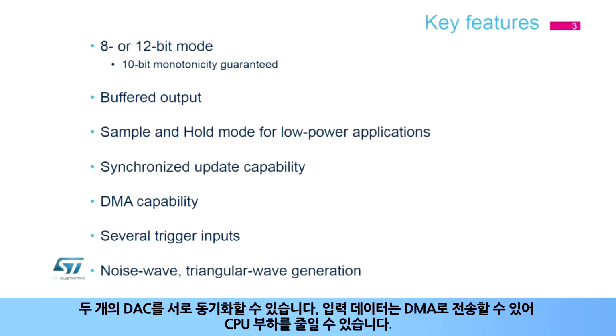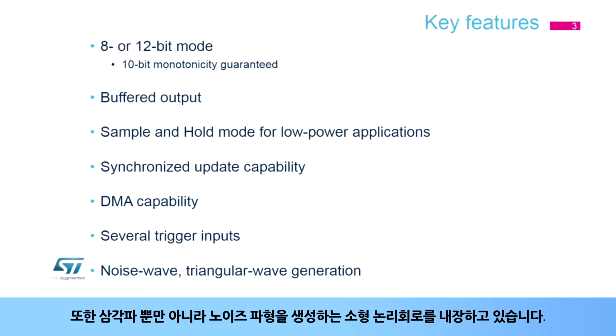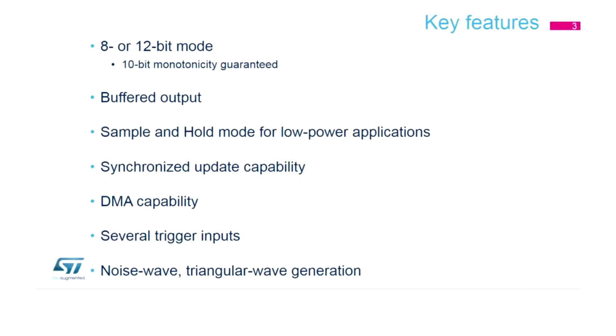Two DACs can be synchronized with each other. The input data can be transferred by DMA, which offloads the CPU. The DAC output data can be updated by a timer or an external trigger, as well as a software trigger. It also integrates small logic to generate noise waves as well as triangle waves.